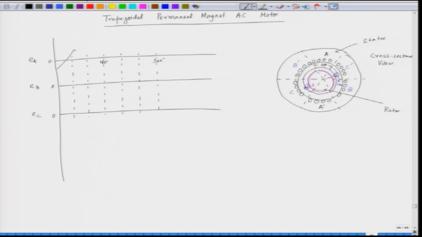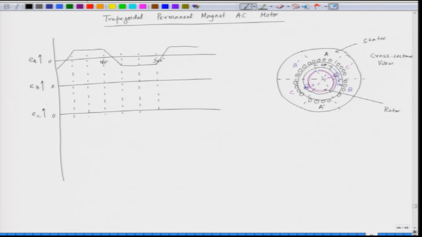So, it remains constant for 120, and then it again decreases over 60-degree and remains constant for another 120. So, the waveform that we get here is something like a trapezoid. This is phase A, and hence we call this a trapezoidally excited or trapezoidal permanent magnet AC motor.